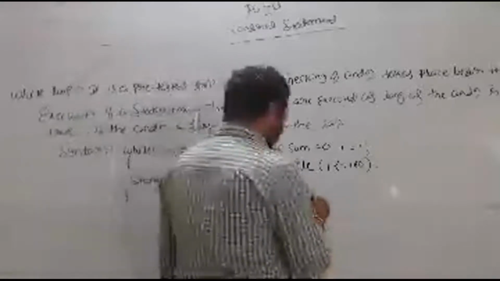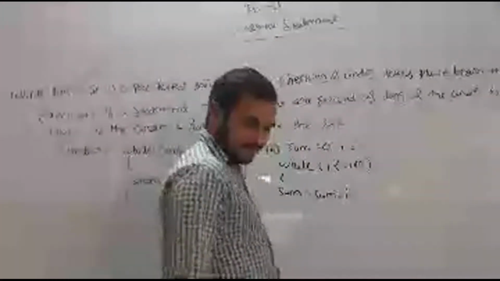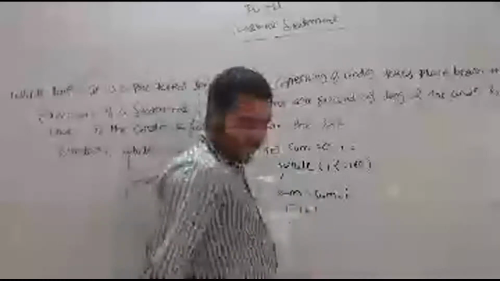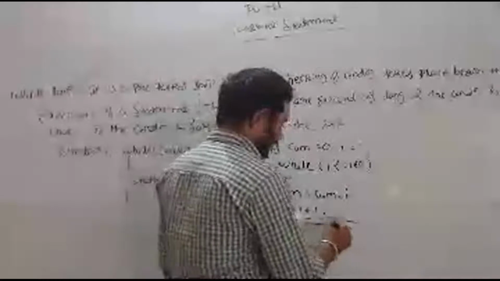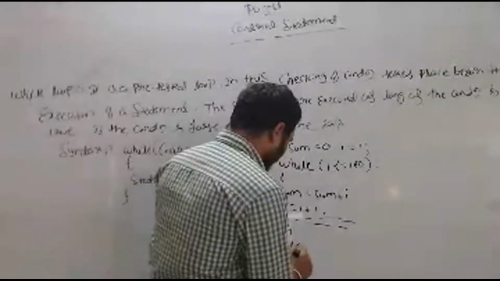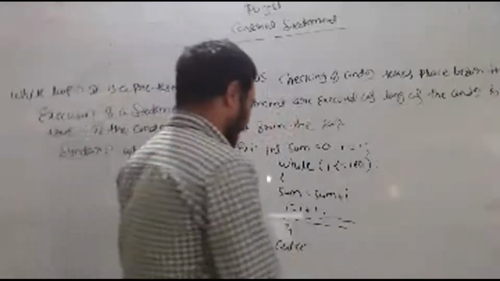Sum is equals to sum plus I. So I is equals to I plus 1. The statements will be there, then cout sum of natural numbers up to 100.